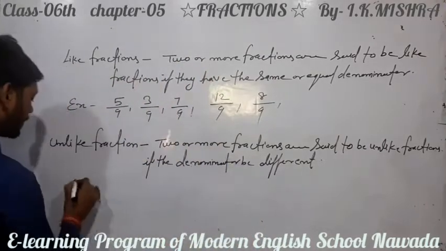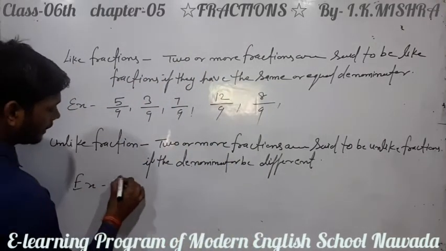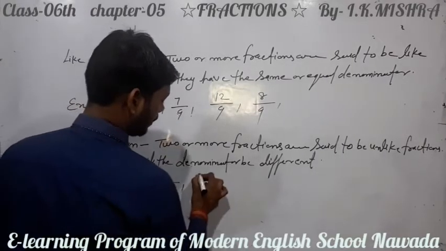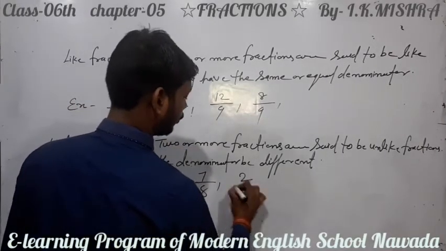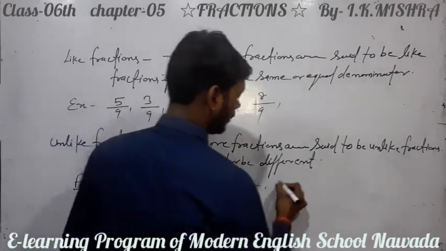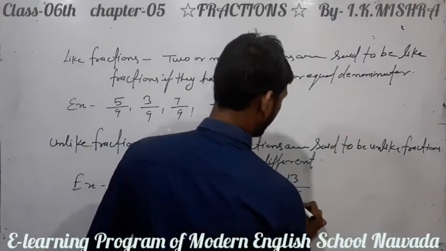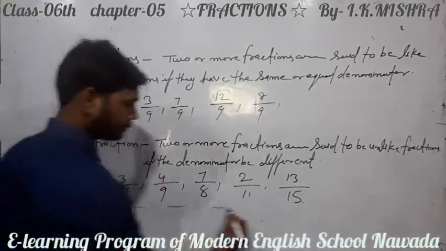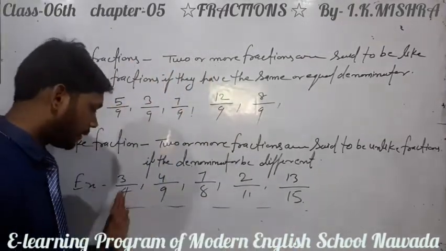For example, students, here I write 3 upon 4, 4 upon 9, 7 upon 8, 2 upon 11, 13 upon 15. Here, students, observe that all of these have different denominators.